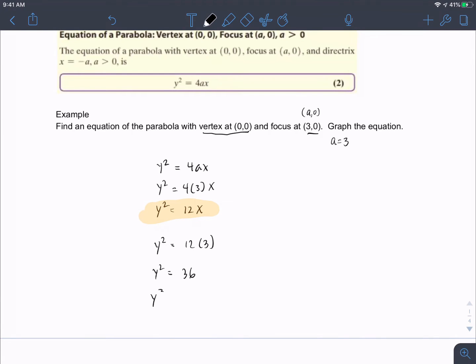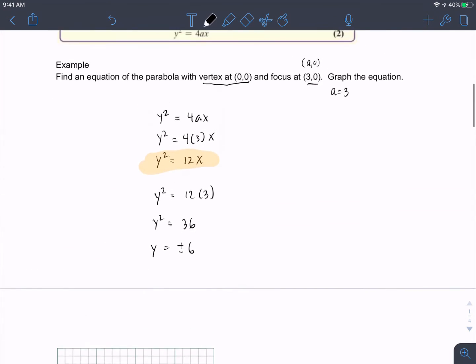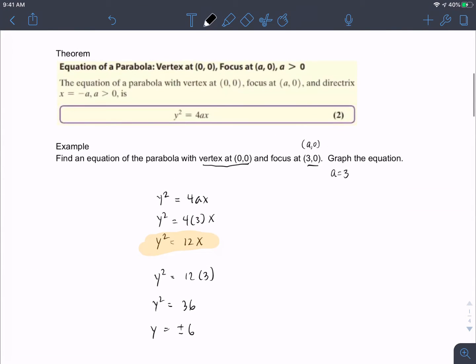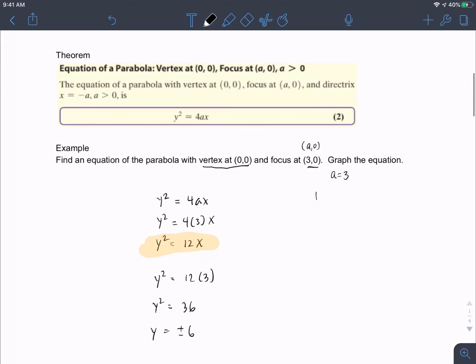So y is equal to plus or minus 6. And so we can go ahead and plot that. Oh, and one of the cool things is we also know that the directrix for this one, I almost didn't write that, is going to be x equal to negative a.